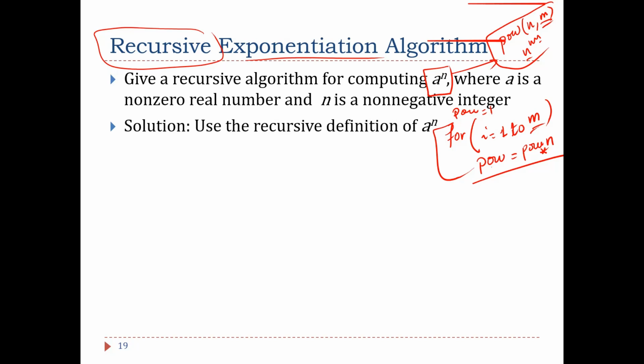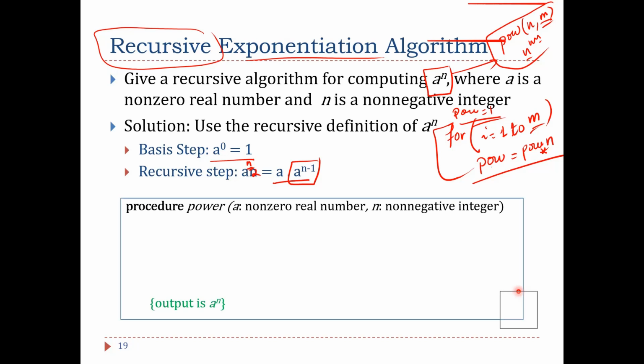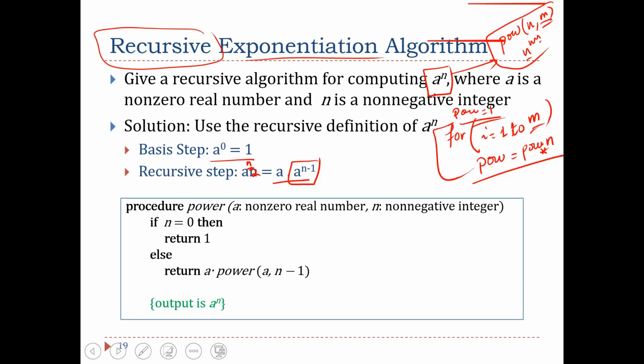But you can also use a recursive function, because at the base step, as in the iterative function, a to the power 0 is agreed on to be equal to 1, and a^n is equal to a multiplied by a to the power of n minus 1. So once again, you can easily represent this using a recursive function that calls itself on a smaller instance of the original problem.